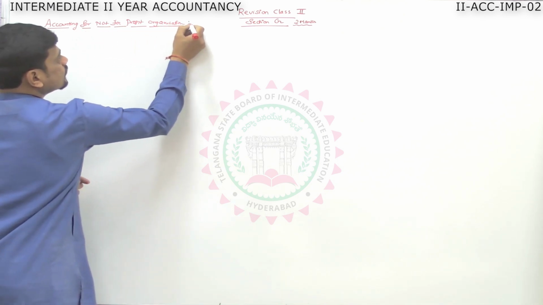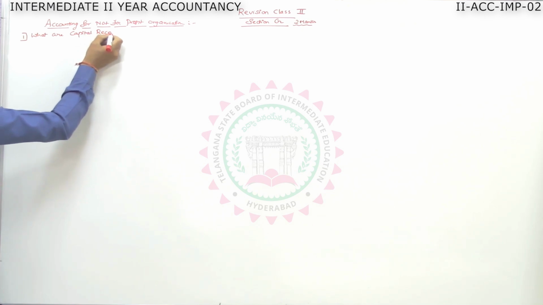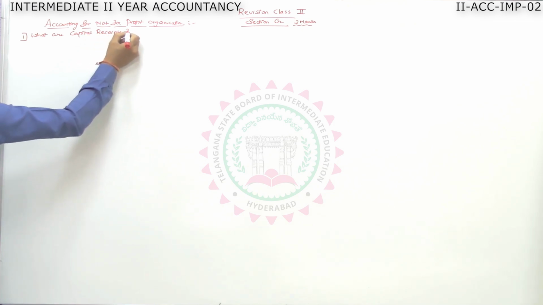From this, what are the frequent questions and how the answer must be written? So, to start with, usually we are asked about the question called, what are capital receipts? We may ask you, what are capital receipts?